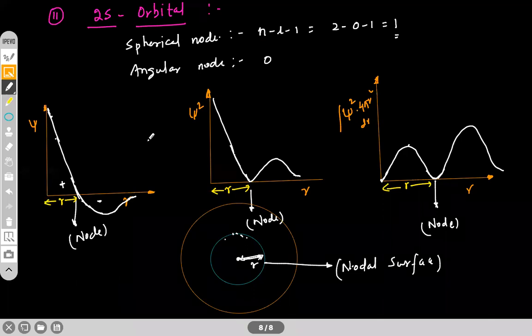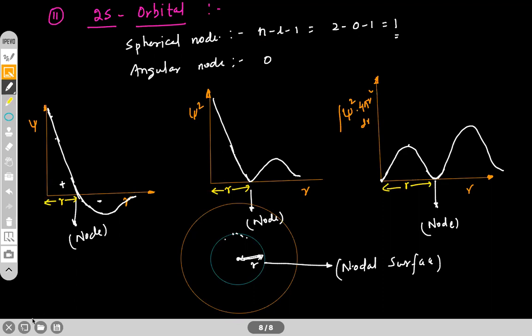Just now I dictated that the probability graph always starts with the origin, and the number of peaks in the graph is 1 more than the number of nodes.